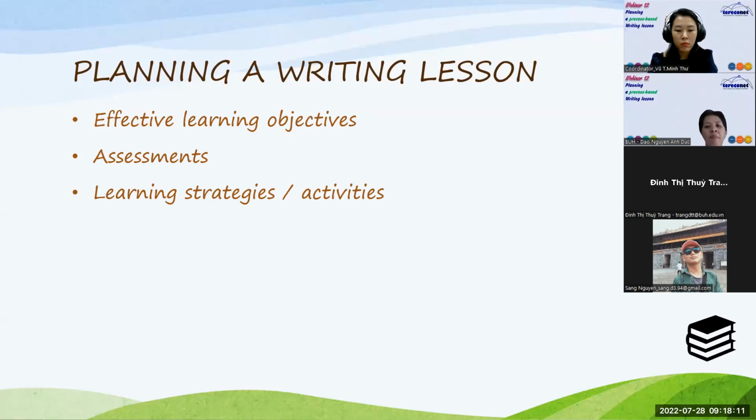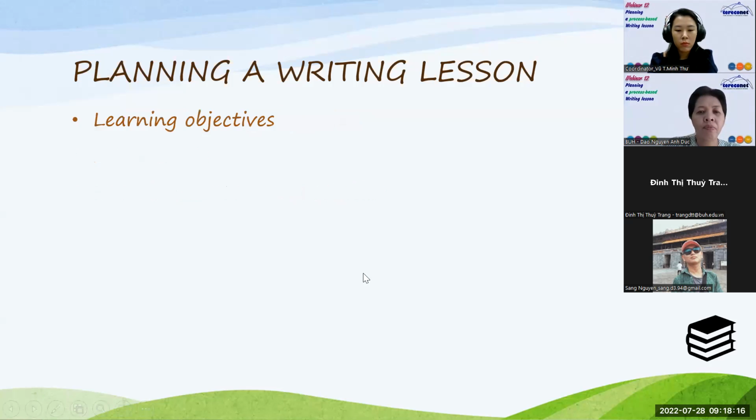Now, what do you think about the objective? I have shared with you the lesson, the writing task. What do you think will be the objectives of this lesson? If you want me to share the book again, tell me. Okay, it's better to share the task again.